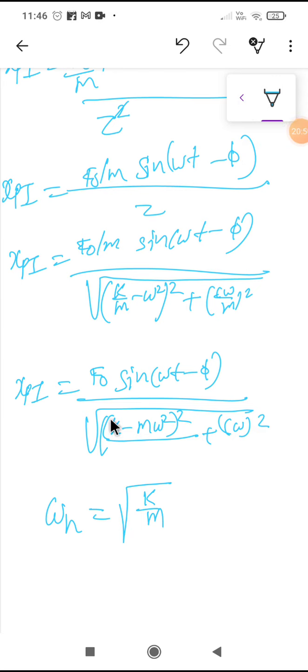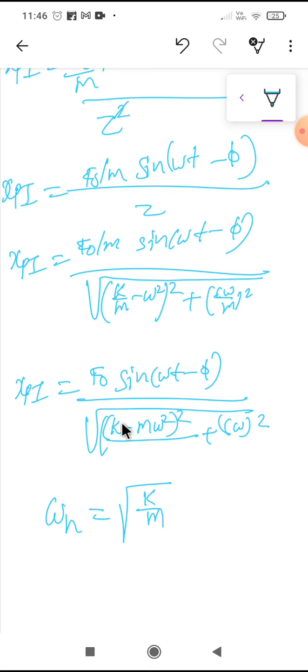Now here we have k and here we have m. Now if I want to convert this into k by m, directly we could have converted it into omega n, we could have written it as omega n square.